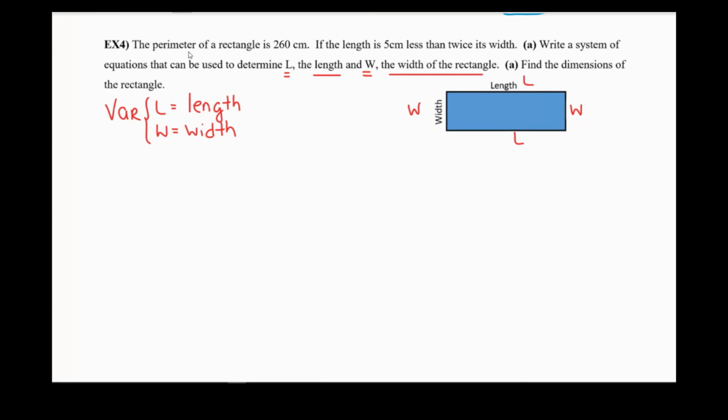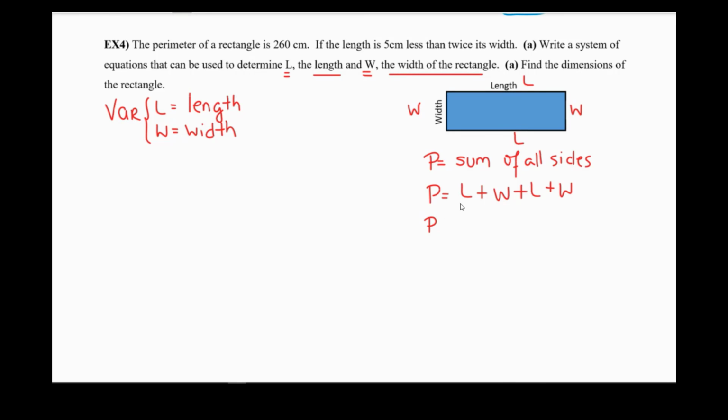Okay, the problem starts with the perimeter of a rectangle is 260. Well, let's think about perimeter. Perimeter is defined as the sum of all sides. So if we look at this picture, we can write the perimeter is L plus W plus L plus W, because that would be the sum of all the sides.